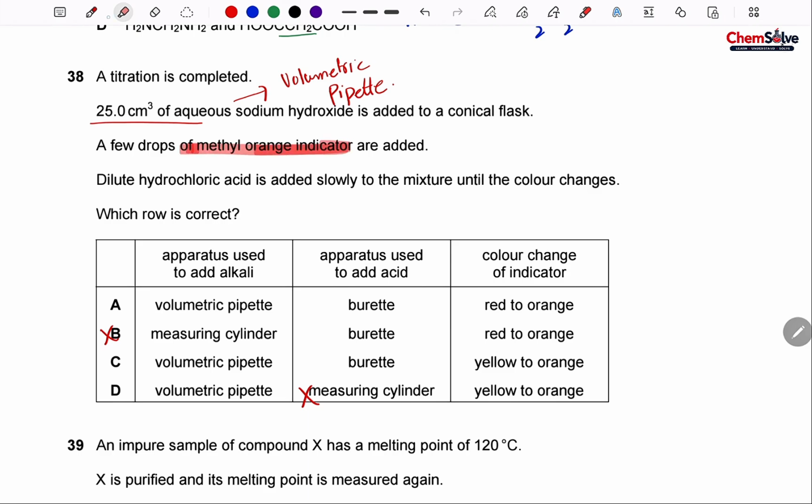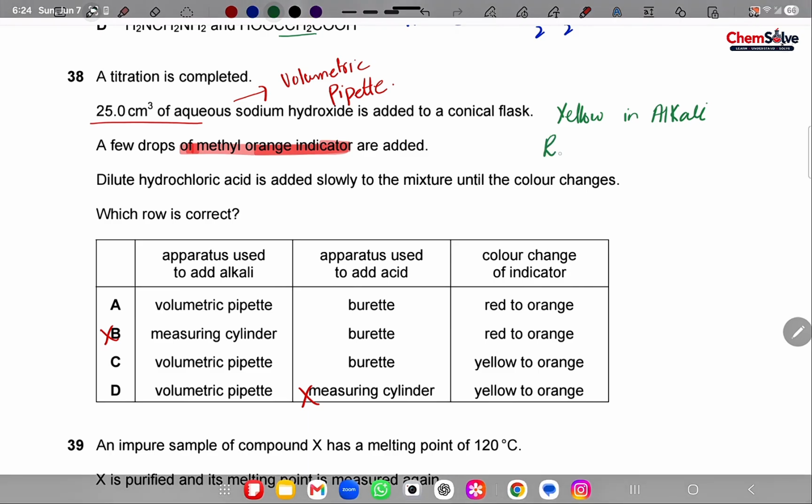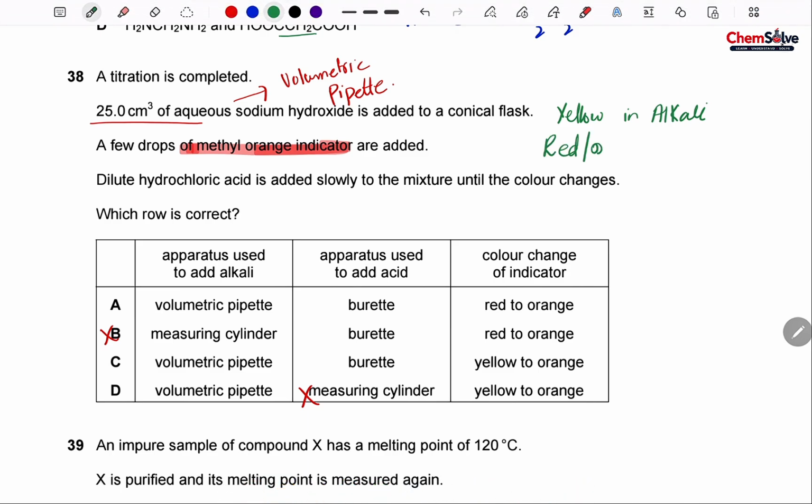When methyl orange is used, it is yellow in alkali and it is red or orange in acid.